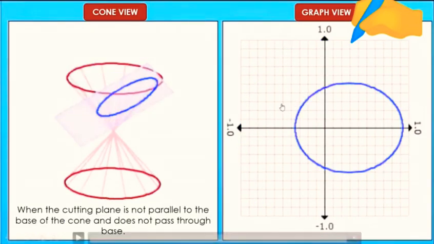How about when we have a cutting plane which is not parallel to the base of the cone and it does not pass through the bases of both cones? Observe the figure being formed.